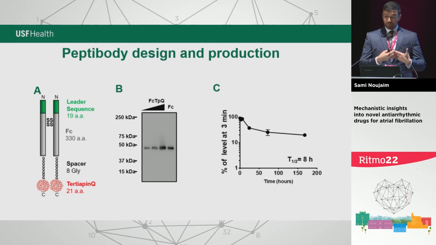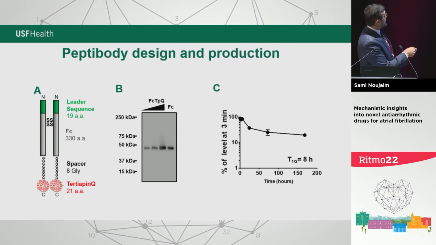It is a dimer. This is the Fc fragment right here, and there is a leading secretion signal that we inserted into the protein design. There is, right here, an 8-glycine spacer to add flexibility, and tertiapine is inserted right here.